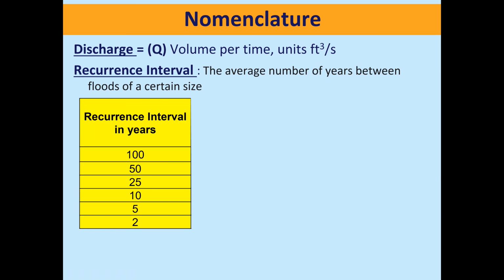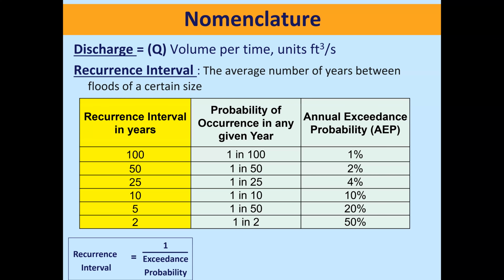So a 100-year event is a larger and rarer event, whereas a 2-year event is more run of the mill. In other terms, you can think about a 100-year event as a 1 in 100 chance of occurring in any given year, or oftentimes you also see it as a percentage. So that 100-year event has a 1% chance of occurring in a given year. That's not to say two 100-year events couldn't happen back to back, but this is just the way we describe the frequency of these events and their magnitude.